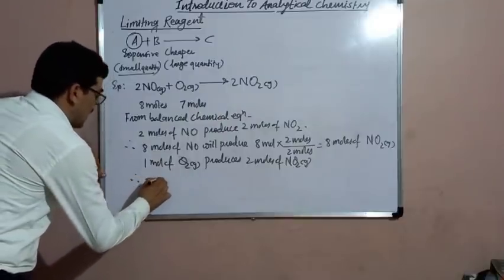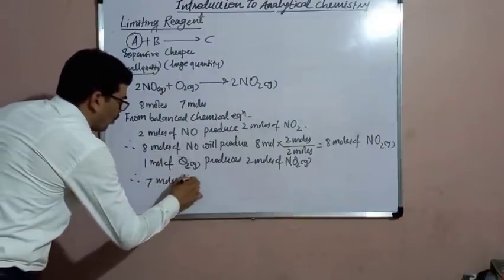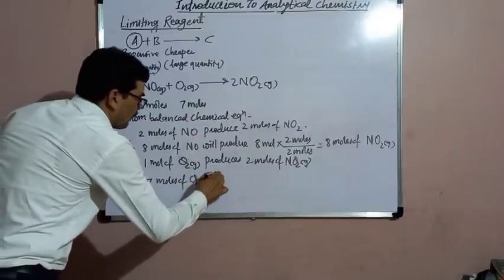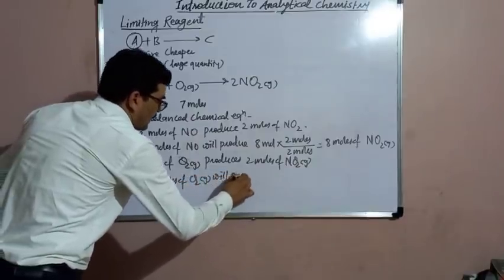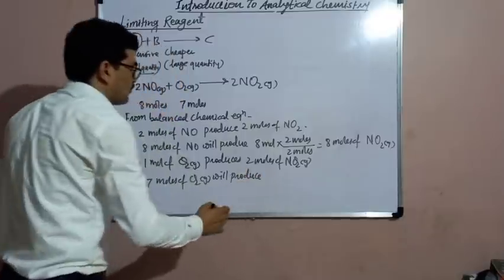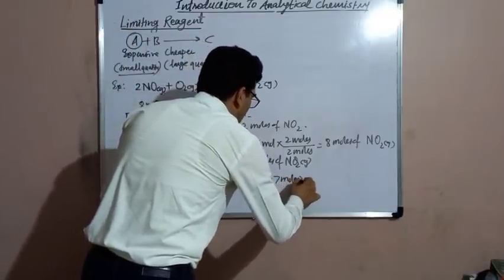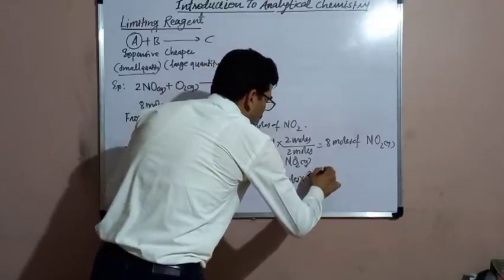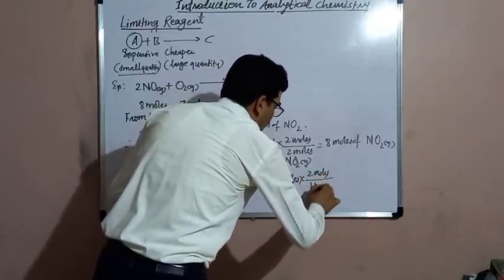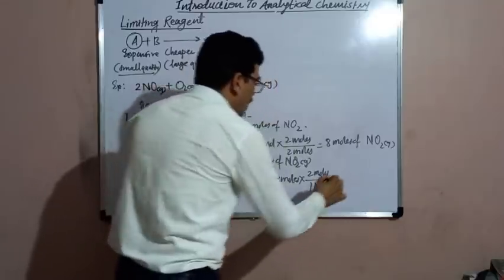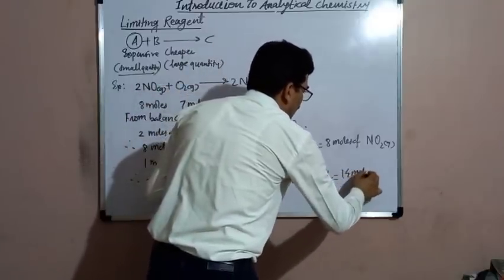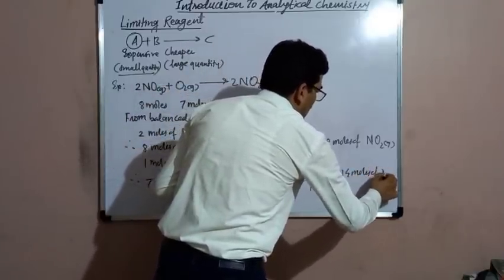Therefore, 7 moles of O2 gas will produce 7 moles times 2 moles upon 1 mole, equal to 14 moles of NO2.